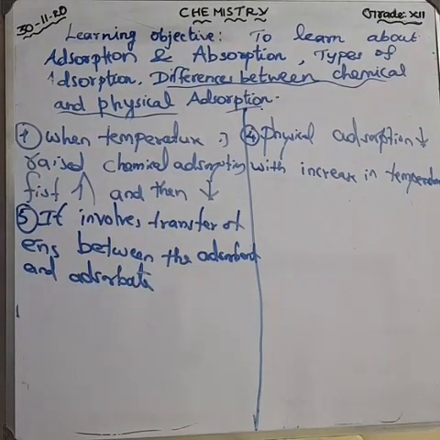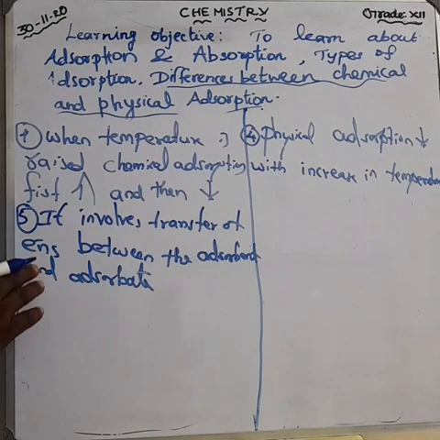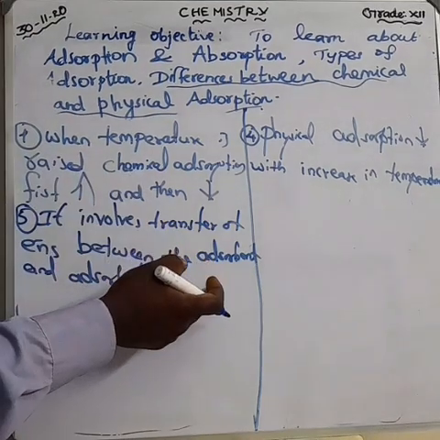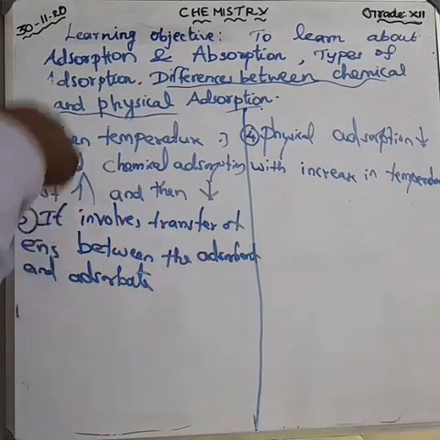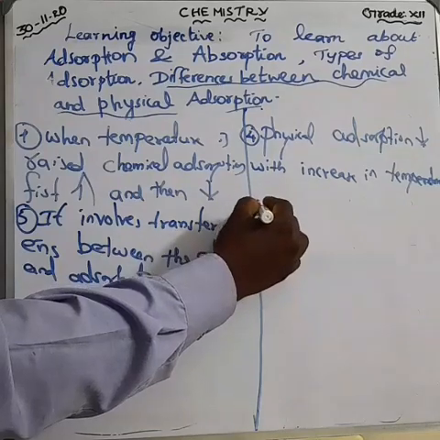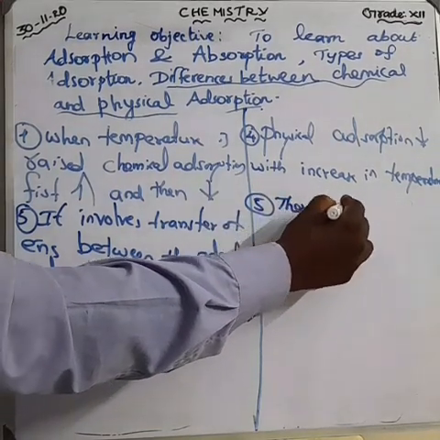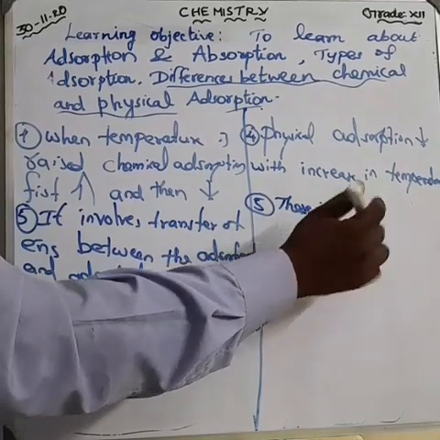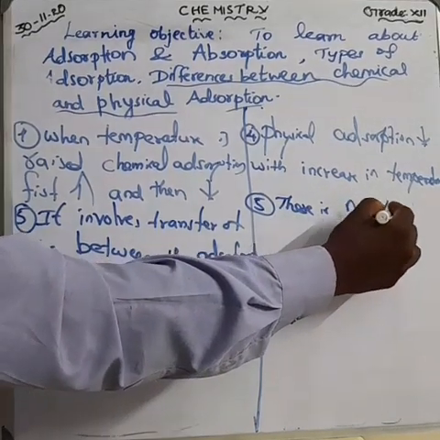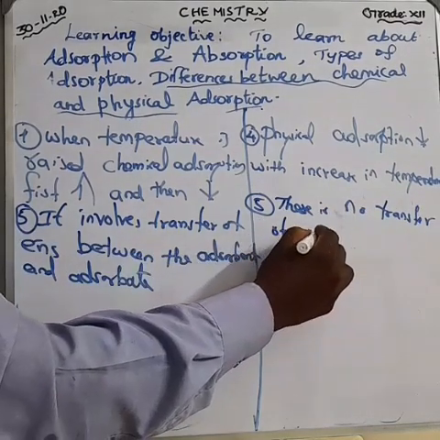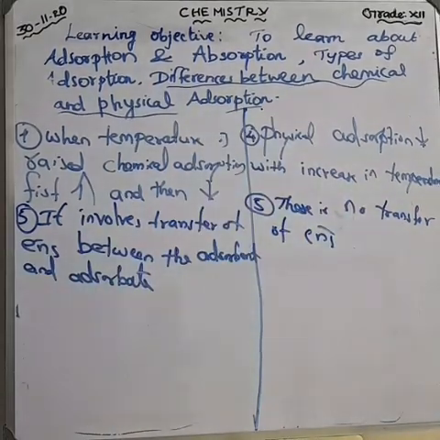Electrons are transferring between adsorbent and adsorbate in chemical adsorption. In physical adsorption, there is no transfer of electrons. Clear?